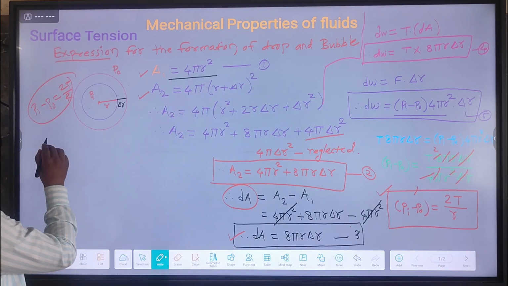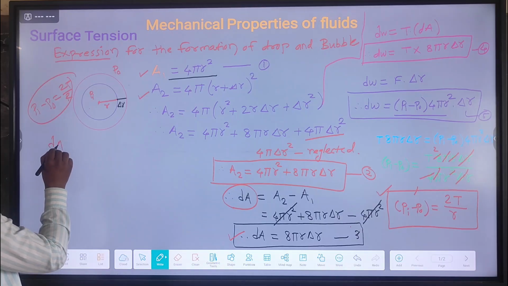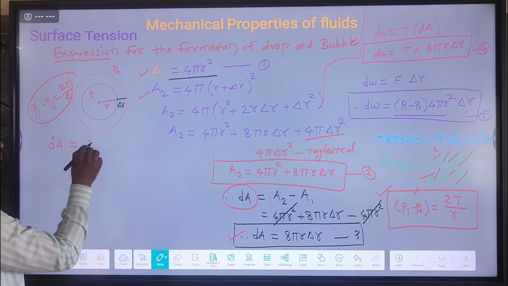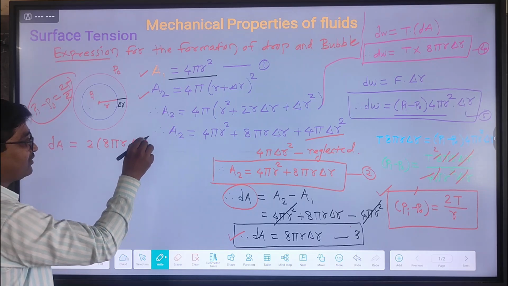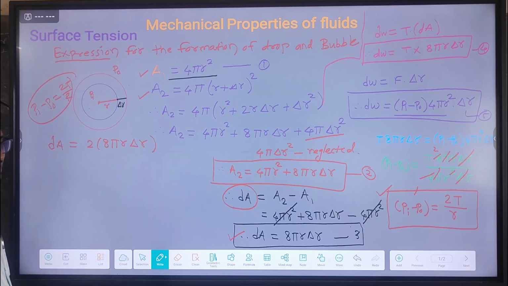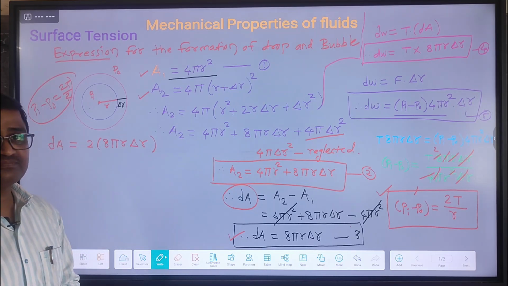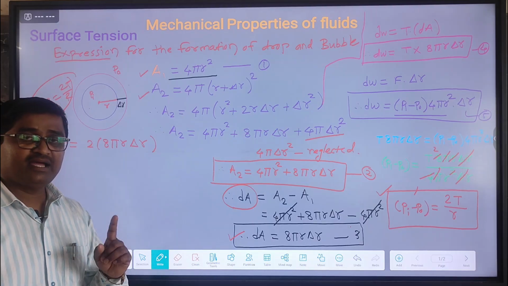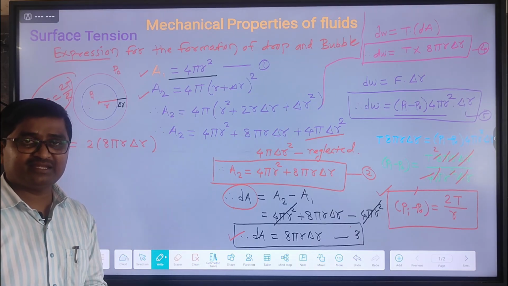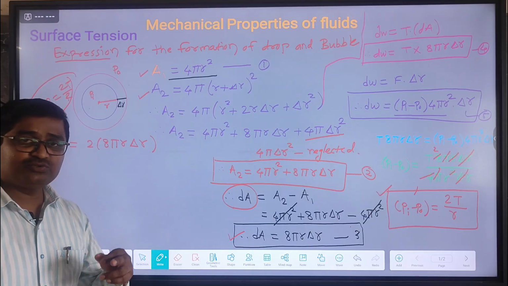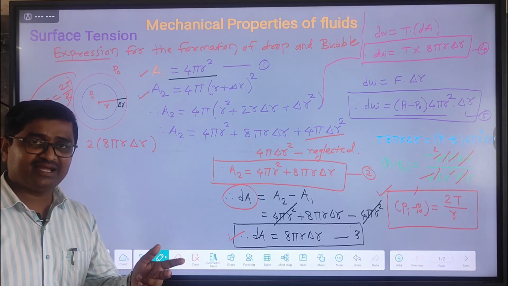But for the bubble, we write the total change in area dA as 2 times 8 pi r into delta r. Why? Because the bubble has two surfaces in contact with air, and due to this, the change is twice, inside and outside.